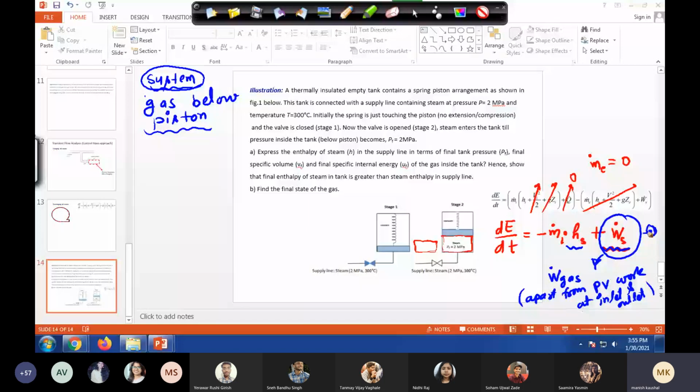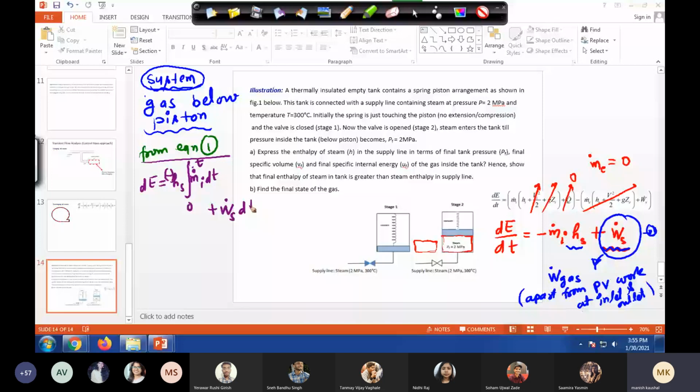From equation 1, if we integrate it, d of E is equal to: HS is a supply line property, so HS can come out. Minus is here, and we have mi dot dt integrated from 0 to t, plus Ws dot dt from 0 to t.